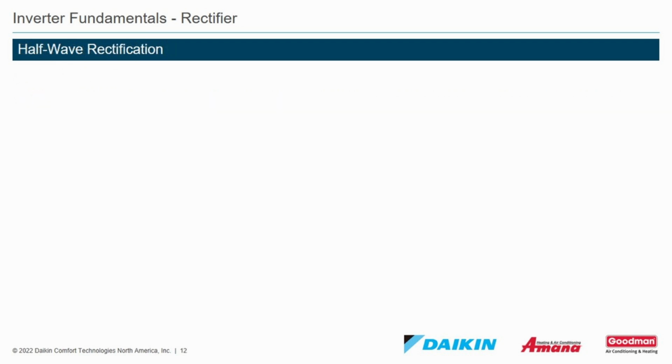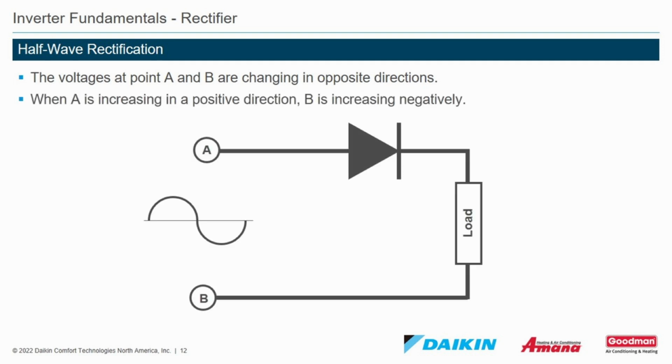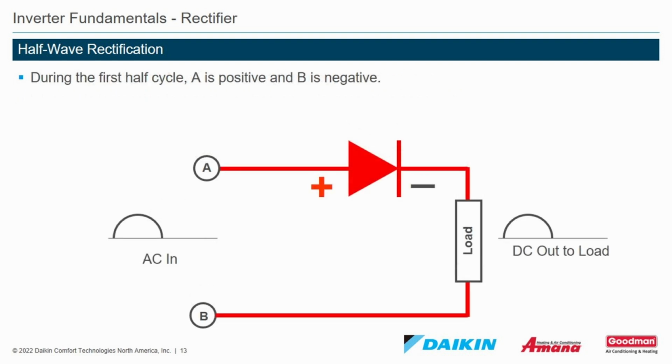Half-wave rectification. The voltages at points A and B are changing in opposite directions. When A is increasing in a positive direction, B is increasing negatively. During the first half cycle, A is positive, B is negative.